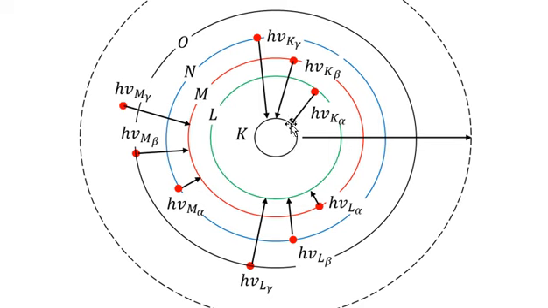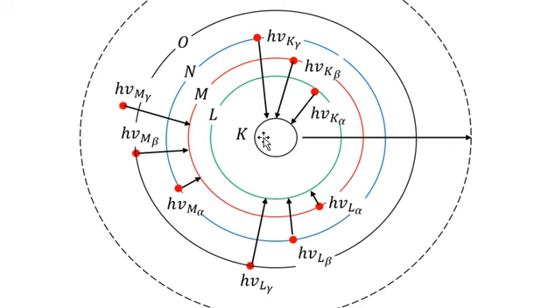There is also a possibility that the vacancy in the K shell will be filled by an electron from the M shell, shown in red. The electron moves from the M shell to the K shell, and due to this difference of binding energy, a photon quantum with energy h nu K beta will be released.